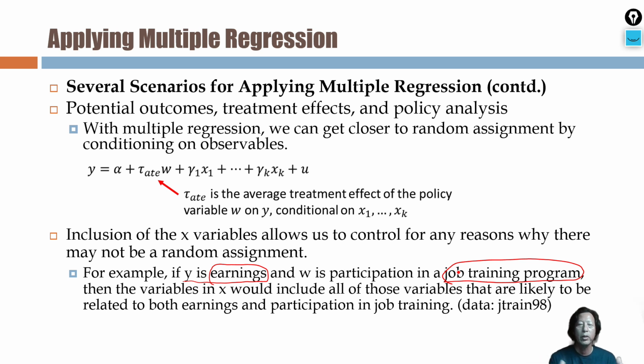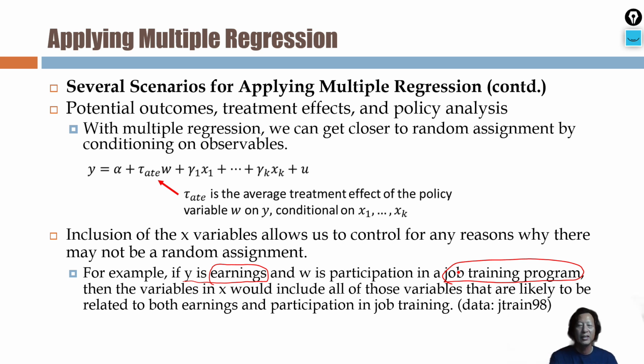Yeah, we can do the random assignment. However, if we just collect the data from society, it is possible that only the people with less education, less experience, less ability, in most cases, participate in the job training program.